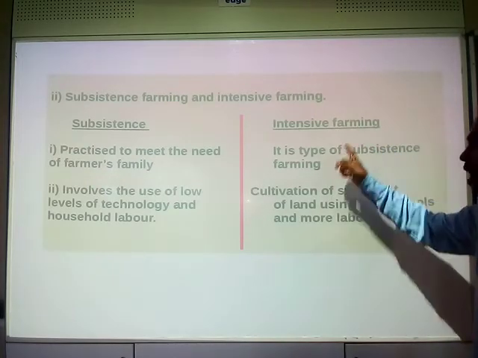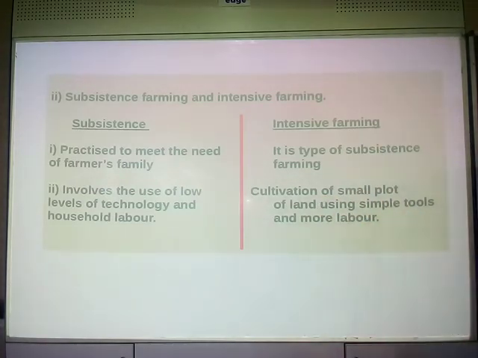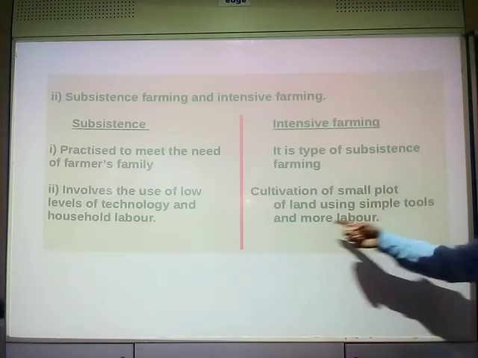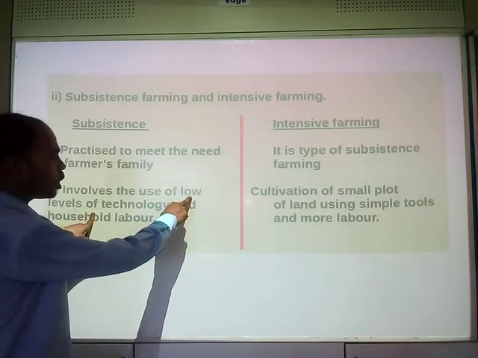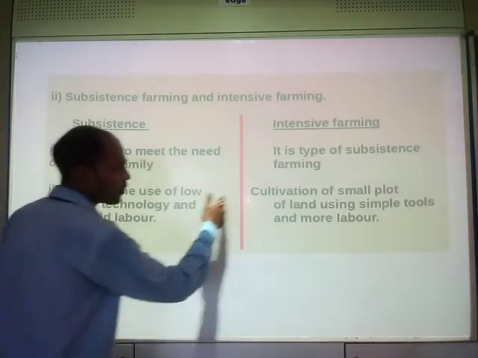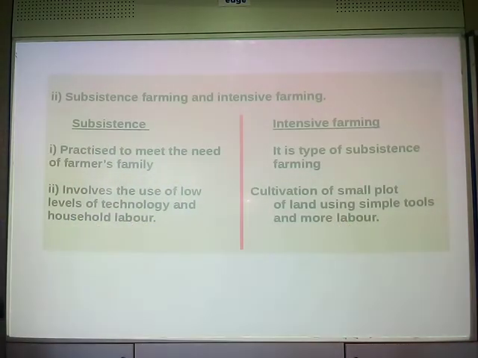Moreover, in intensive farming, a small plot of land is cultivated using simple tools and more labor. Here lies the difference. Here a low level of technology and simple tools are used, but in order to differentiate, here more labor is required, whereas there only household labor or less number of labor is required. So this is the difference between subsistence farming and intensive subsistence farming.